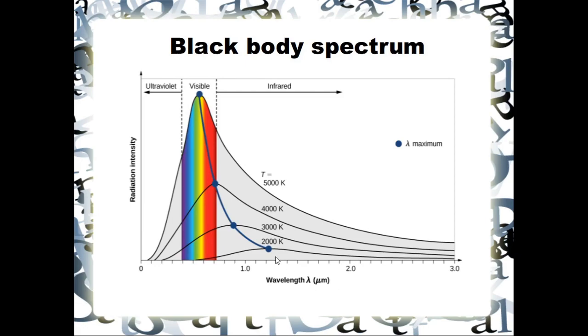Here we can see that higher the temperature of the blackbody, the wavelength at which maximum emission occurs is lower. Or in other words, if the temperature of the blackbody which emits radiation is higher, the frequency at which we get maximum emission is also higher.